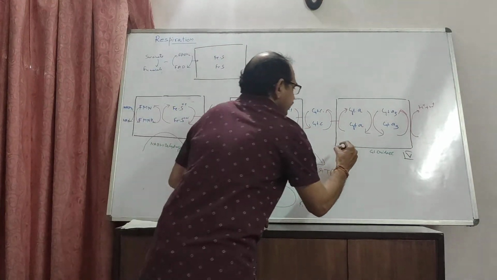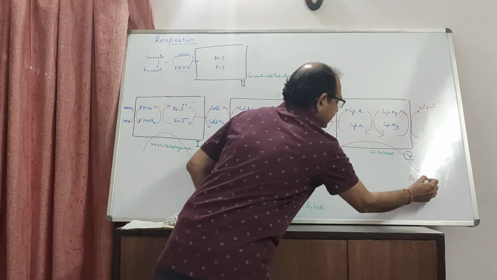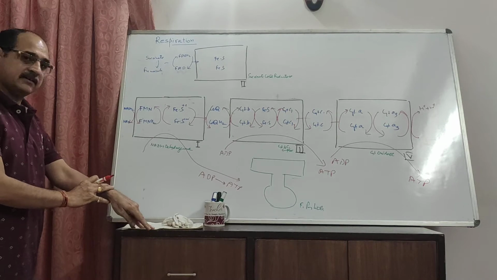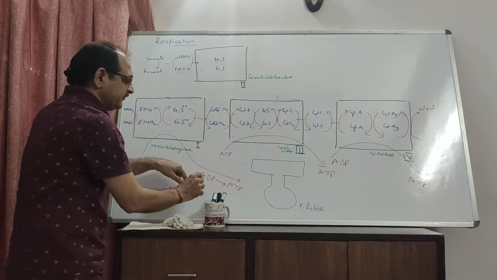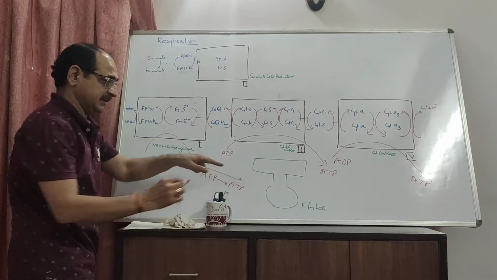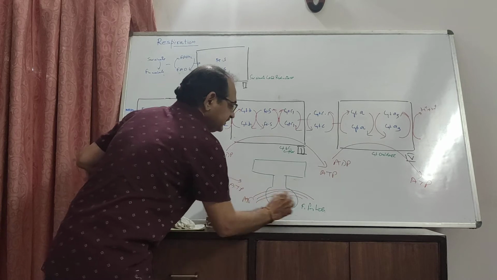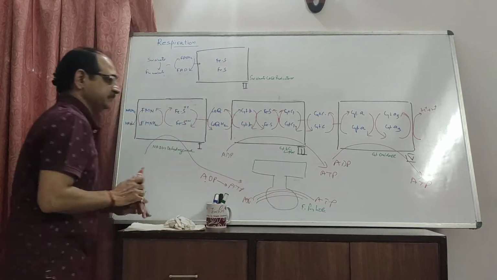And here also at this step ADP changes into ATP. This conversion of ADP into ATP basically occurs in this F1 particle.